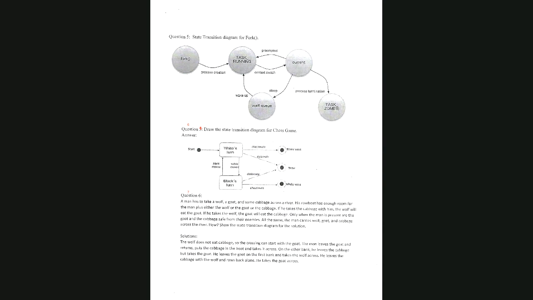I'll just give you a brief overview of how this state transition diagram is helpful in creating the functionality of a game process. You know that in the game, you have a square board of 8 by 8, with 8 rows and 8 columns.